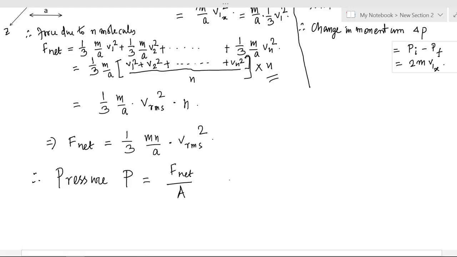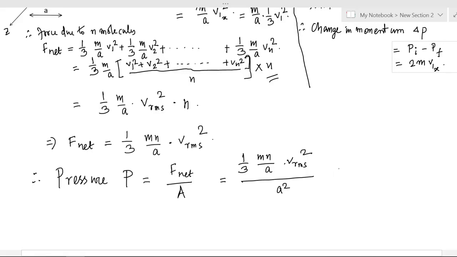So we are getting in numerator 1/3 mn by a times Vrms square divided by a square, a into a, the length of the edge is a, that's all we had assumed.